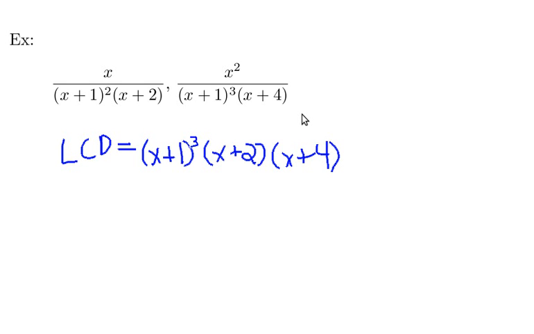Okay, that concludes this particular section. In the next section, we're going to be putting this into practice, and you'll also see that whenever we find the lowest common denominators of these rational expressions, they will not always be in a factored form already. Every example that I've given you so far is already factored out. But what if this had been multiplied?